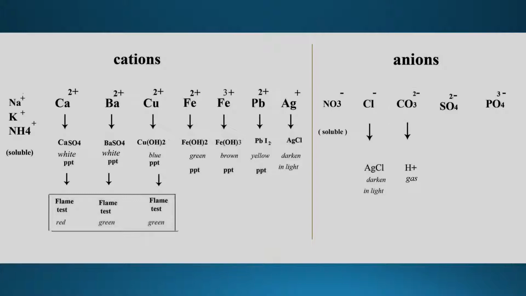Put into acid, it will bubble gas. How to test sulfate? Barium sulfate, white precipitate. Phosphate. Ag3PO4, dull yellow.